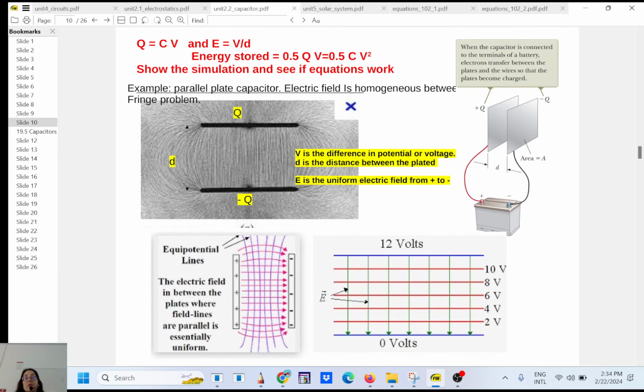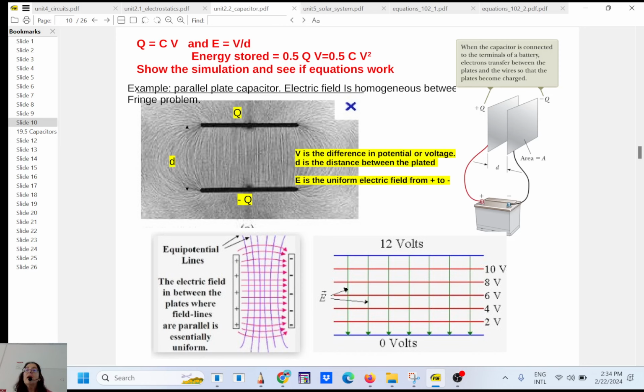Just to review the equation for a parallel plate capacitor: one plate is positively charged, one plate is negatively charged, and here you can visualize the electric field. Very good. Remember they use castor oil, and you put little seeds in between that get polarized and align with the electric field, and you can visualize it.